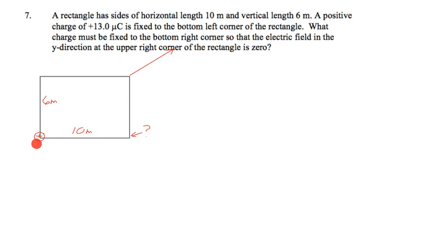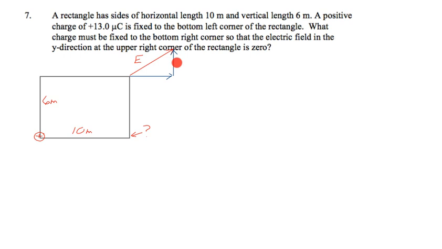I'll just label it E right now, and I can break it into its x and its y components. Its x component would be in that direction, and its y component would be in that direction. So I only want to cancel out the y.